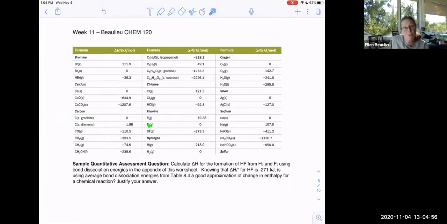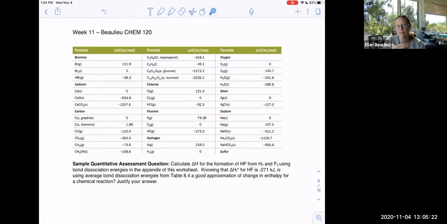Fluorine in its natural state, F2, that's the elemental substance, is 0. If I want to break it into individual fluorine atoms in the gas state, that requires energy. Naturally, fluorine comes to us as F2. If I want to break it up into individual fluorine atoms, I have to break a sigma bond. That requires energy.